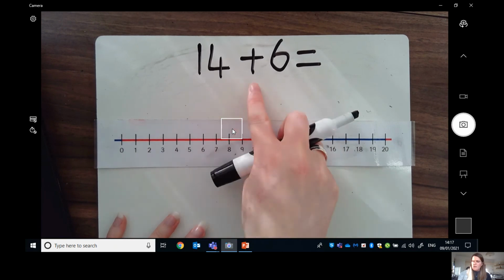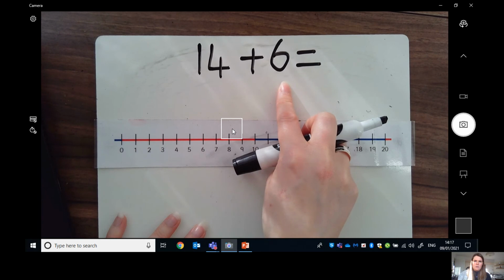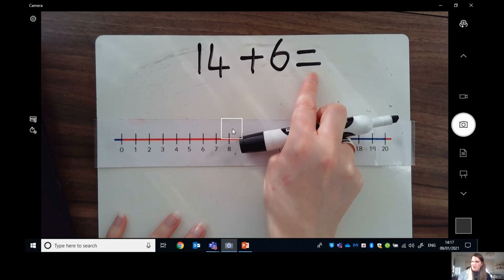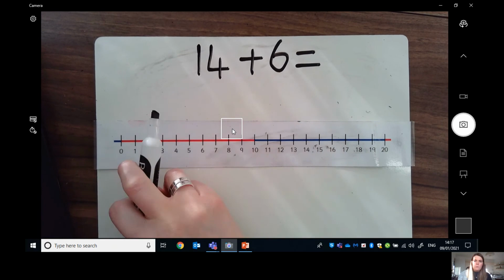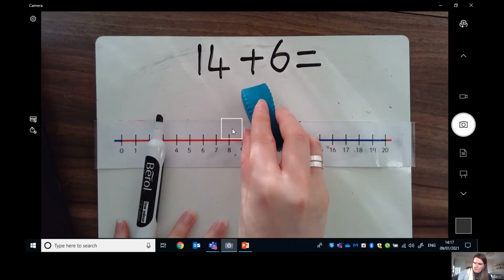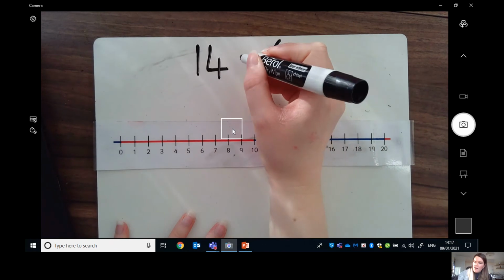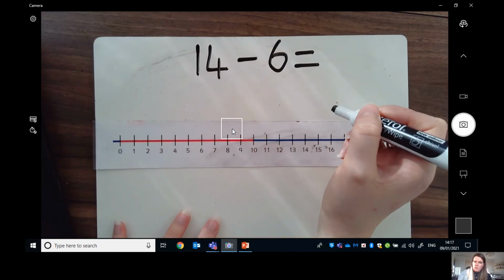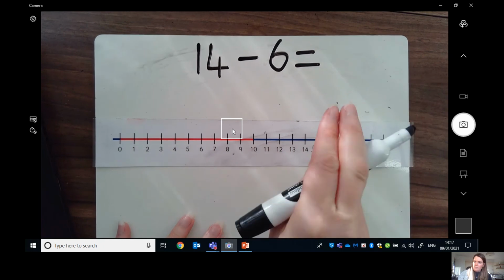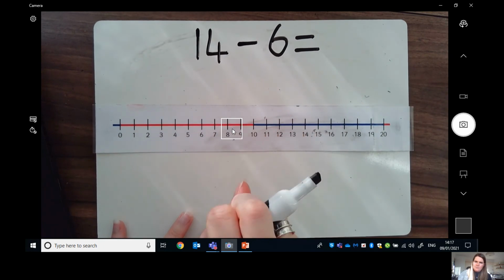I've written 14 and 6. Oh, I need to check my equation sign. Well, that is equals, and that is plus. Was that the sum I said? Absolutely not. My sum was 14 minus 6. Thank you for double checking. I would have got very confused when I got to my number line. 14 minus 6.